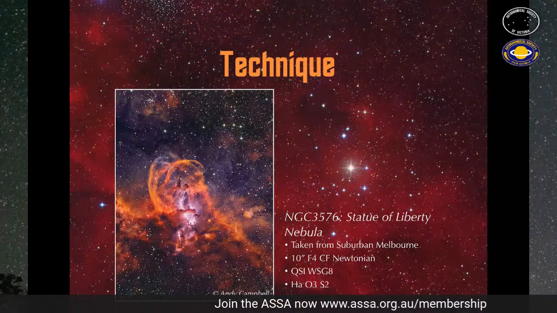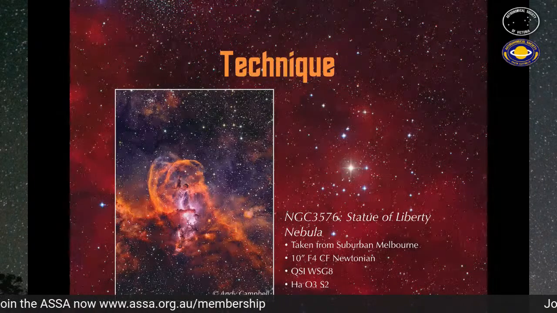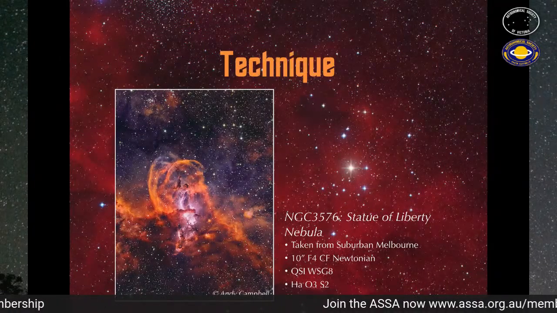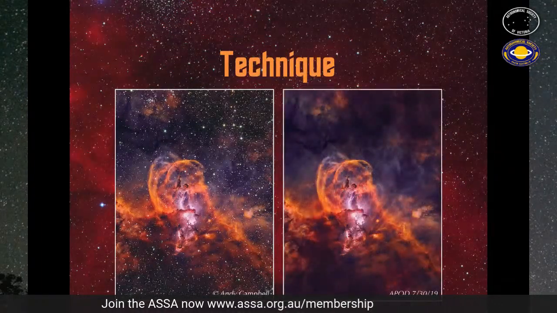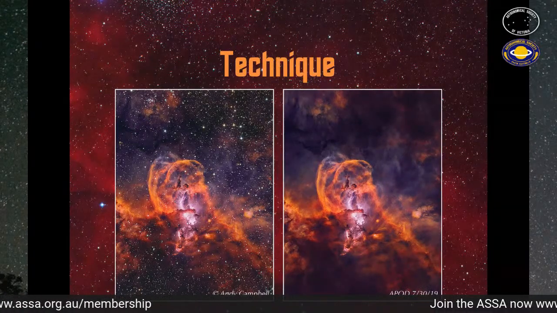It's not far away from Carina. It's a great target, and people tell us that it looks a bit like the Statue of Liberty. Well, it does, but if you take the stars out, now it really does. And now we can really clearly see Liberty standing there.